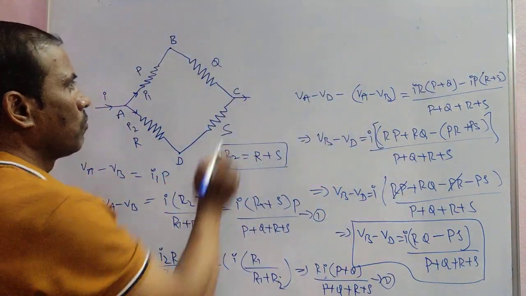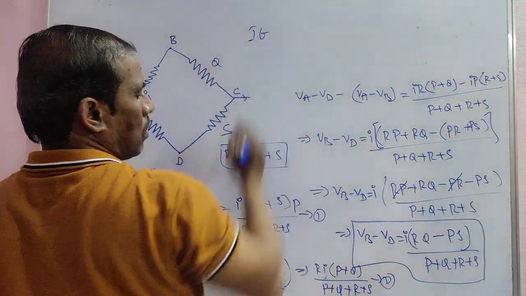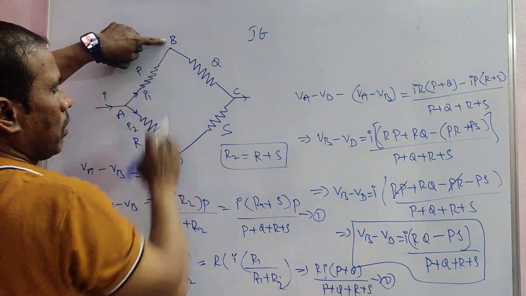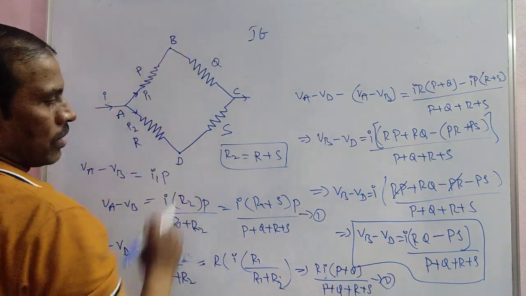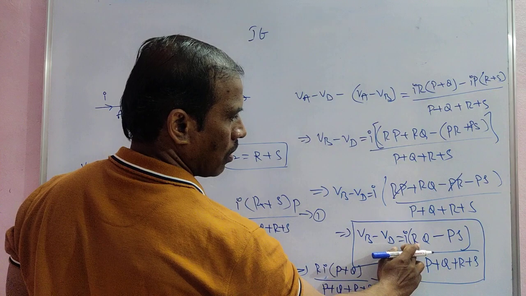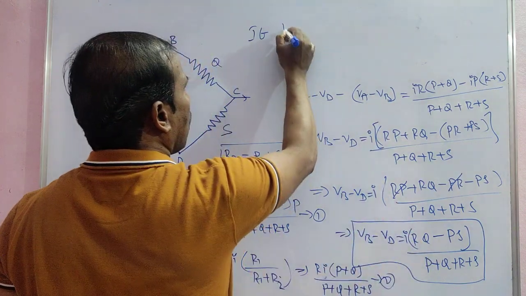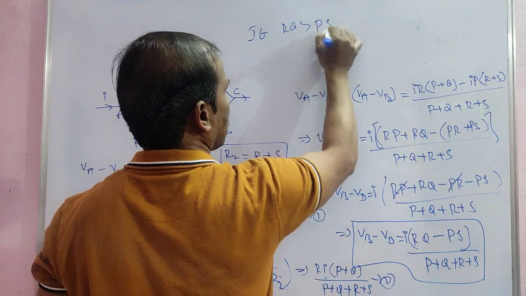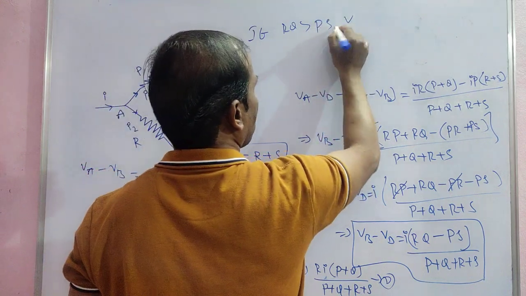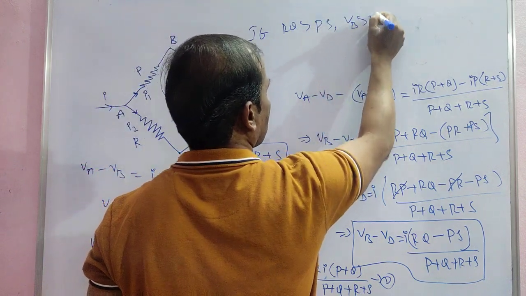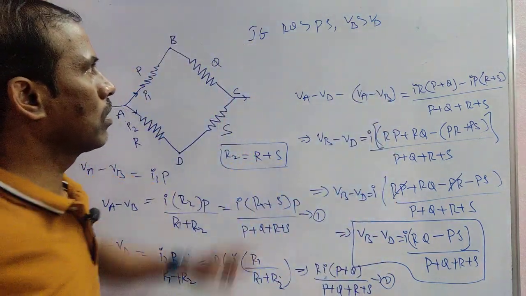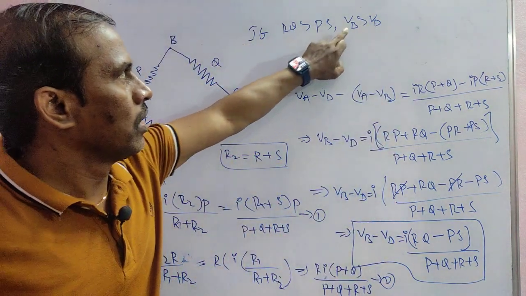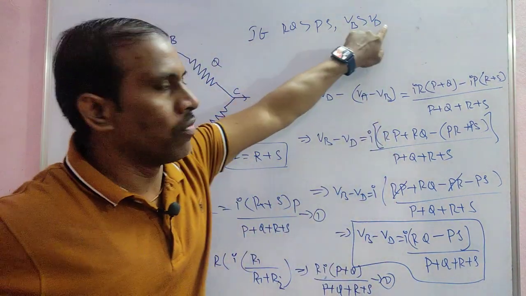If RQ greater than PS, that means VB greater than VD.